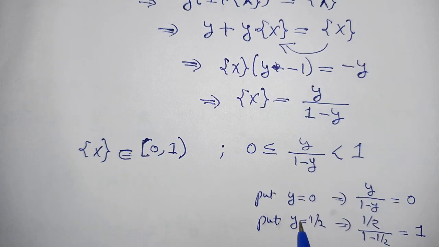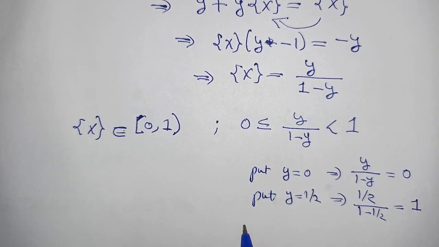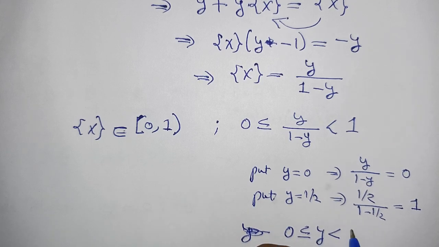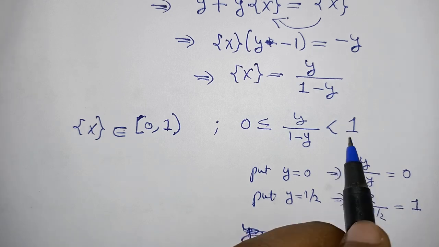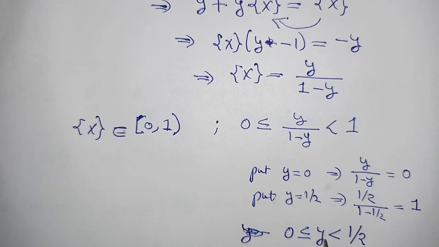So this value cannot be 1. That means our interval for y will be: y is greater than or equal to 0 and less than 1/2. Why 1/2? Because when y equals 1/2, this value will be equal to 1, and 1 is not allowed, so y will be less than 1/2.